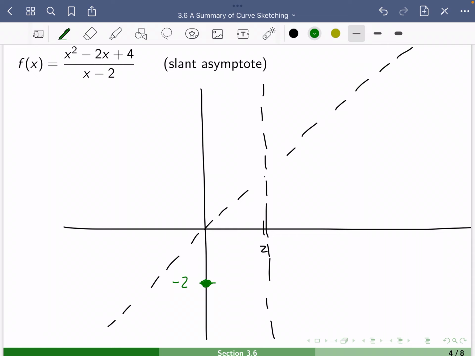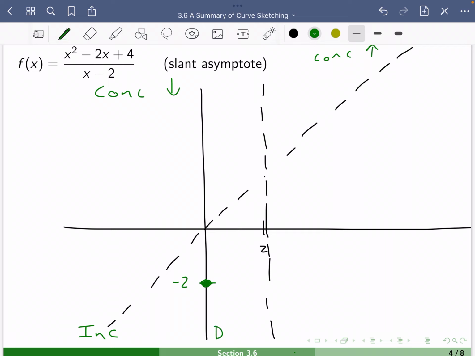We were concave down from negative infinity all the way up to 2. And then after that, we were concave up. We were increasing from negative infinity up to 0.